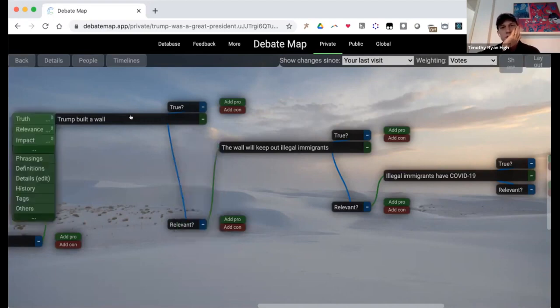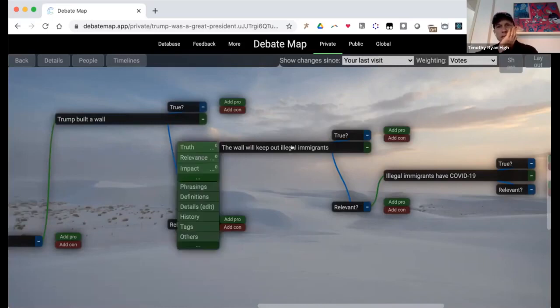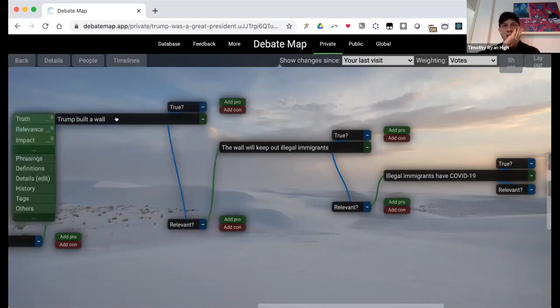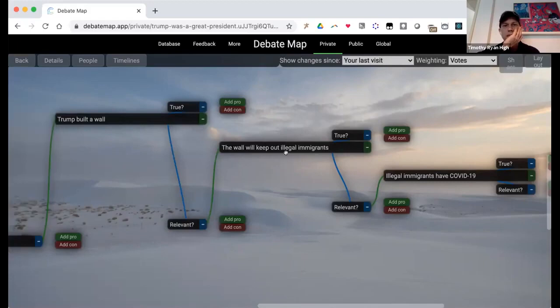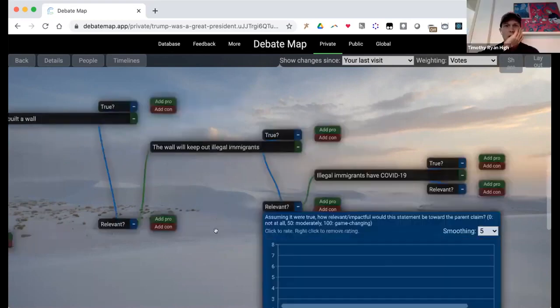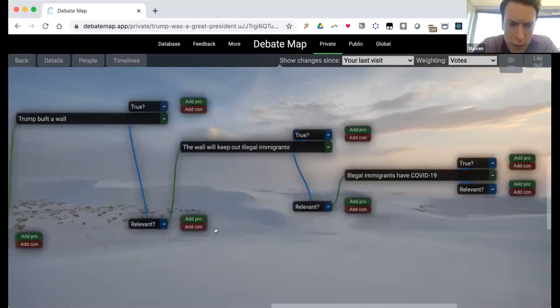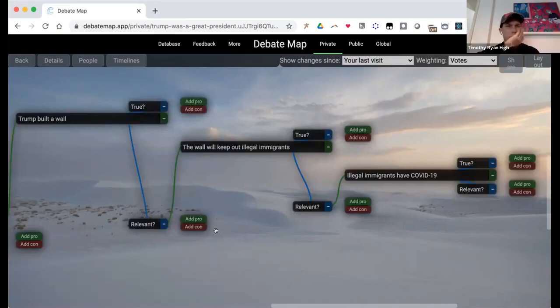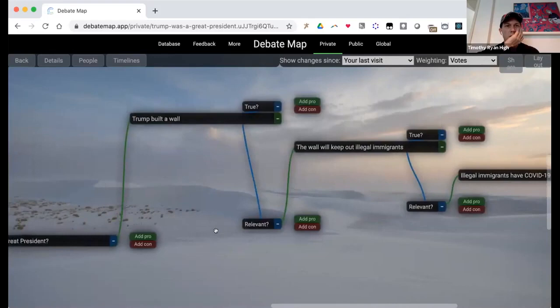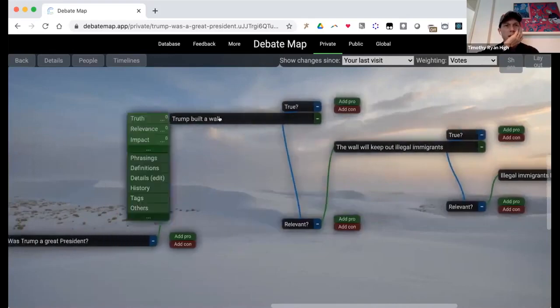Trump built a wall. True or false? True. Okay. "The wall will keep out illegal immigrants" is a reason why it's good that Trump built a wall, right? That is a good president. That's why it's important to state. Okay. No. "The wall will keep out illegal immigrants" is relevant in context of "Trump is a good president," right? No. Why no? Trump built a wall. Yeah, supporting the wall keeps.